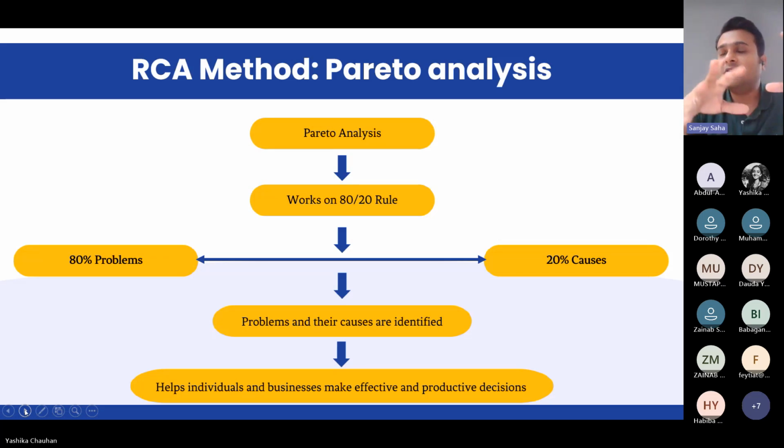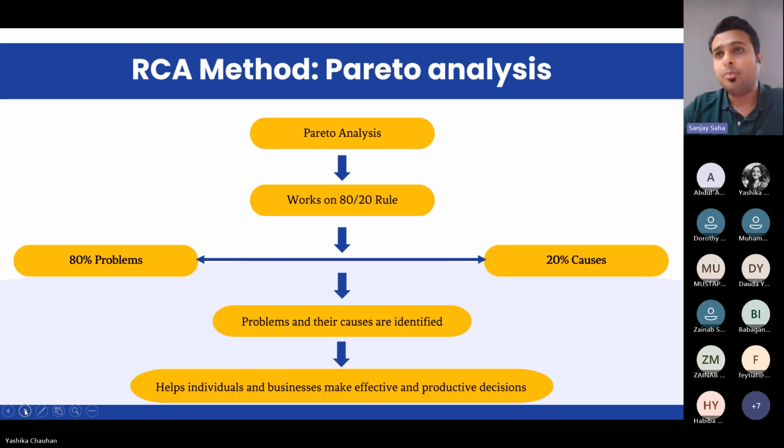Another reason why we have chosen these three methods is because they can be used one after the other in combination. This is done when your problem is very complex. For easy problems, you can use any one of them. Best is to do it very simply using 5 whys, and then if you need, use a fishbone.